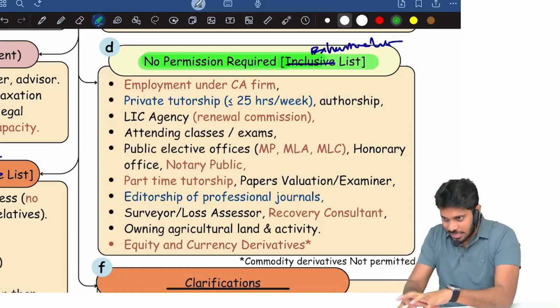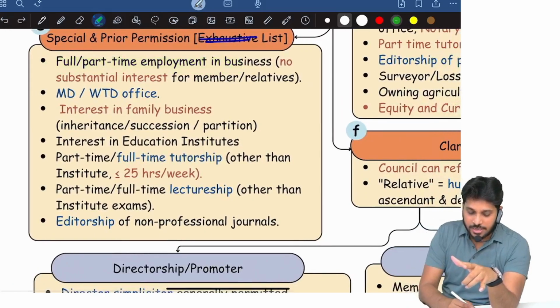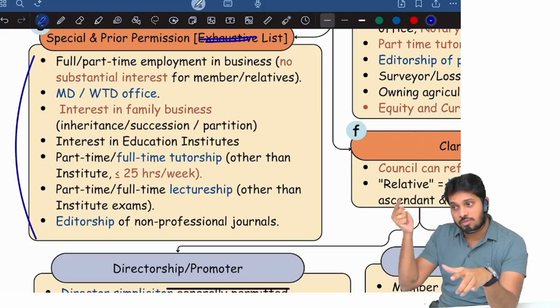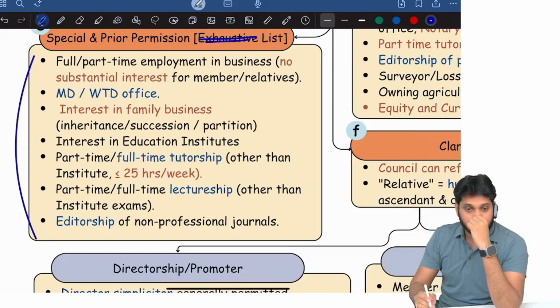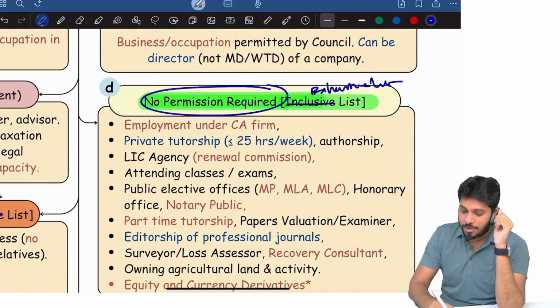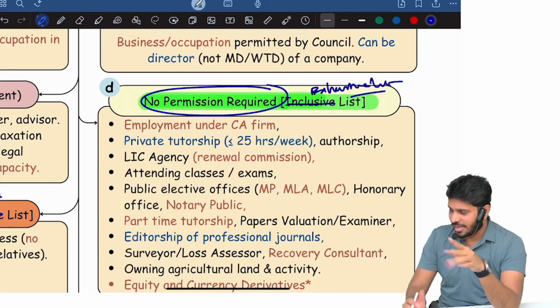Only in these cases you don't require permission. Now, where special permission is required, they have given some examples. Not only them, any other case also, if you want to go for it, you must obtain permission. So the special permission list is an inclusive list, and the general no-permission list is an exhaustive list. Understood? See, they don't have to define two lists differently. The exhaustive list they define.